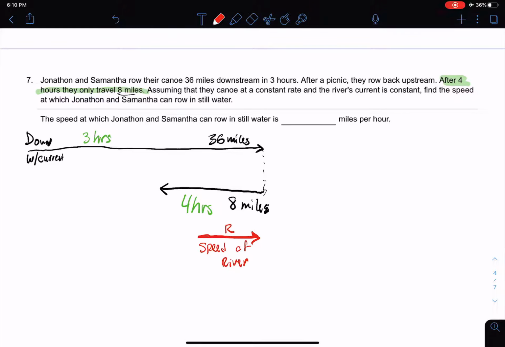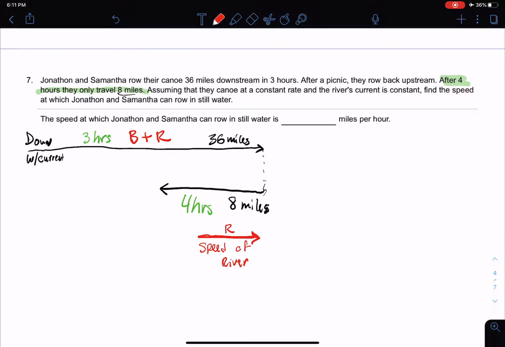Just by this scenario, it sounds like this river is pretty fast compared to how fast they're going, because they're not going very far in 4 hours. So now the thing that we're missing here is that critical piece. When you're going with the current, we can measure your boat speed plus the river current speed.